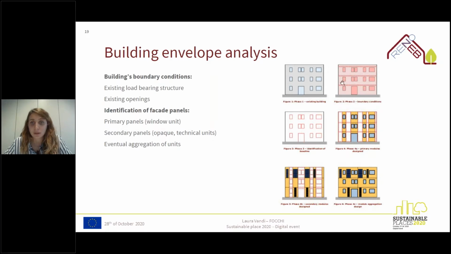And then, when we have defined a baseline for the building envelope, we need to set up primary panels for the plug and play facade, which are related to the window unit because they are fixing element. The second part is the secondary panel, which are the opaque one, and the third part is to keep in consideration an eventual aggregation of the unit.